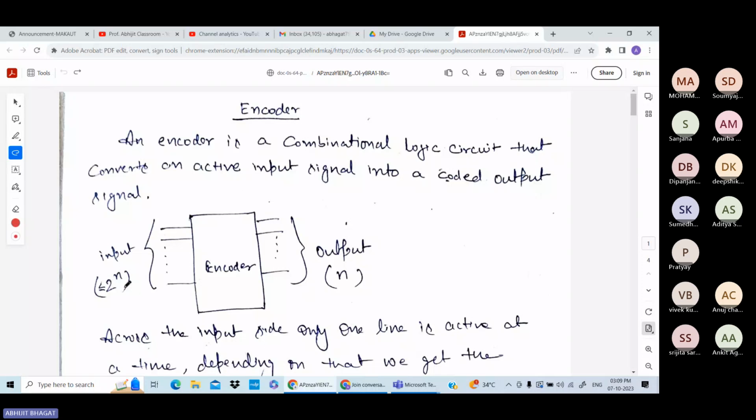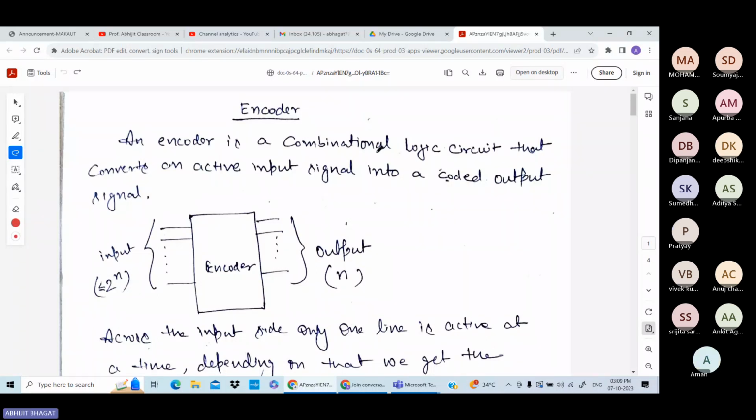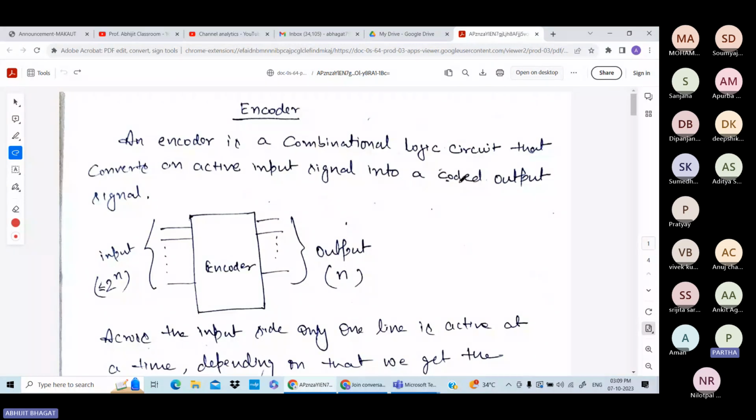Now here, an encoder is a combinational logic circuit that converts an active input signal into a coded output signal. Means across the input side, whatever the inputs are there, as per this input, you will get the output.